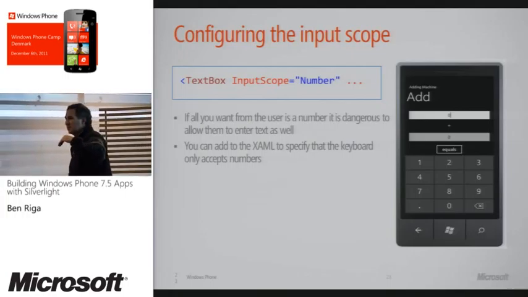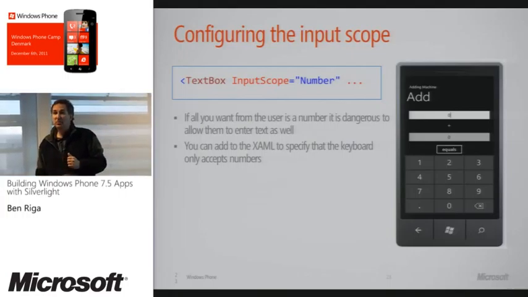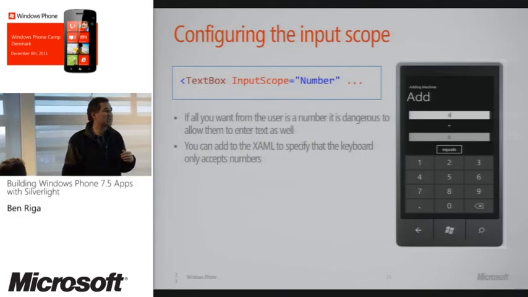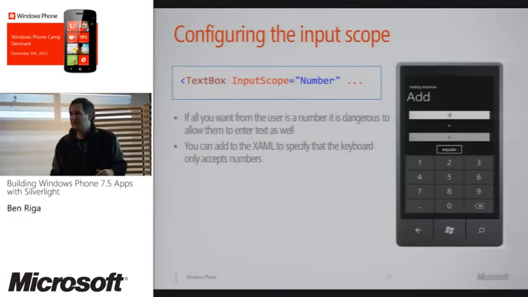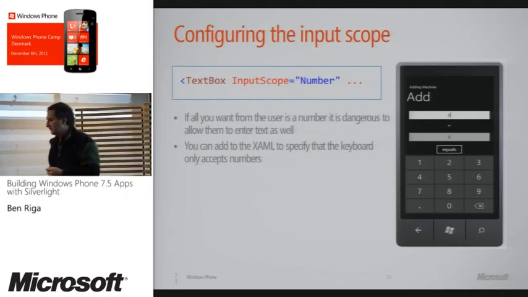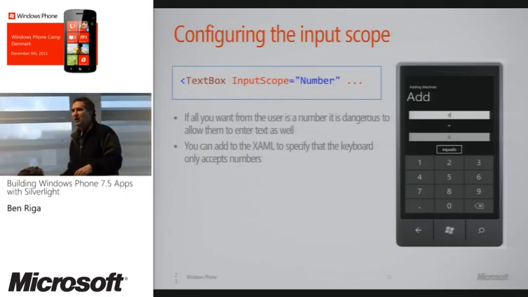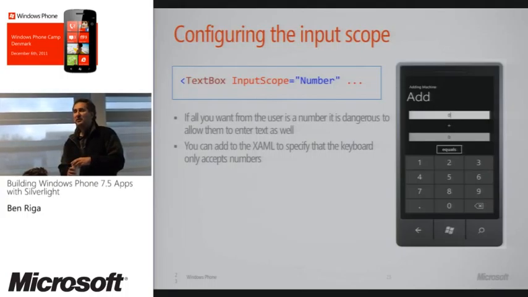There are many different types of input scopes, things like email addresses and web addresses. There's a whole slew of them, and you can take advantage of that. Can you make your own input scope? You can't make your own SIP, no.